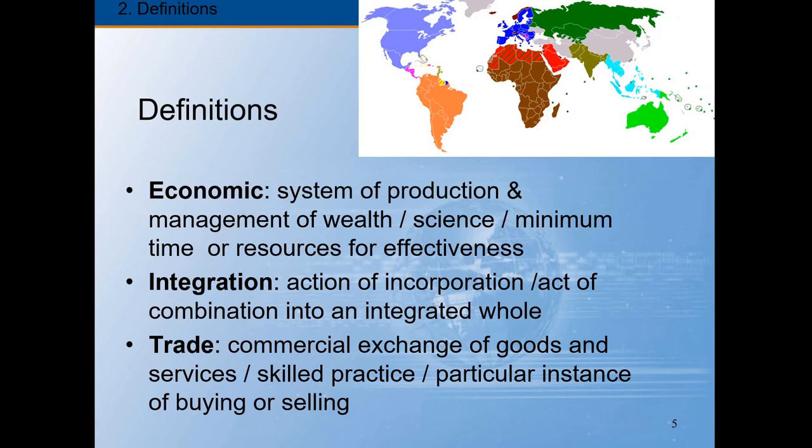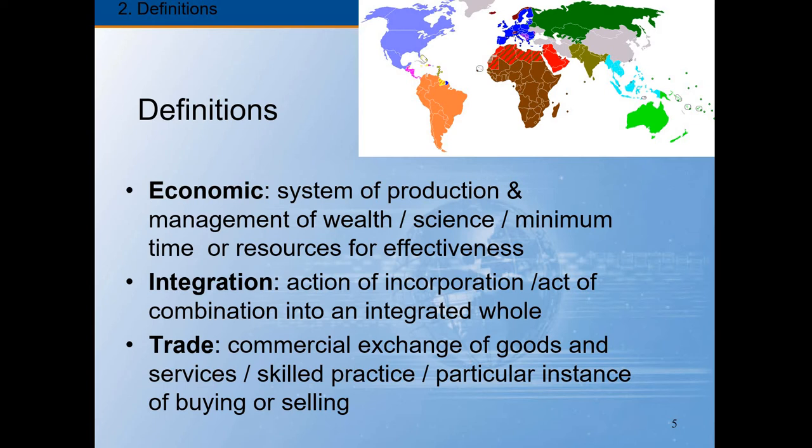Okay, firstly, we need to define what economic integration comprises. An economic system is a system of production and management of wealth, science, time, or resources for effectiveness. So it's how we produce goods and services, and integration relates to incorporating or combining different countries into an integrated whole.